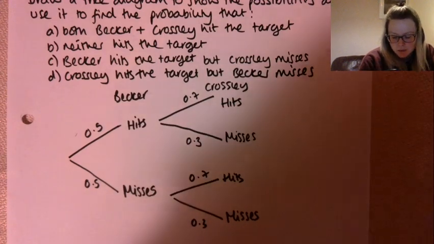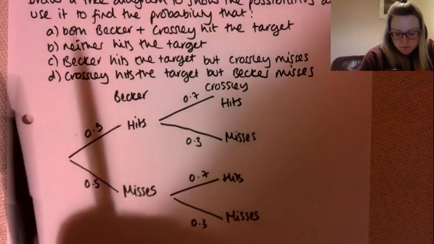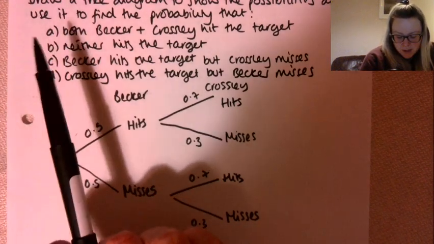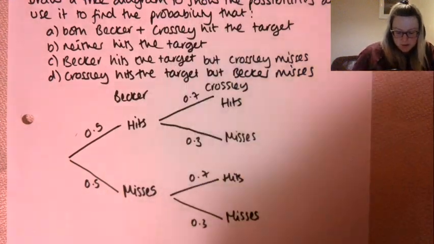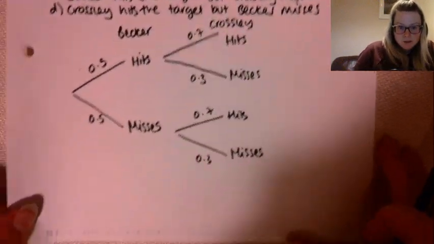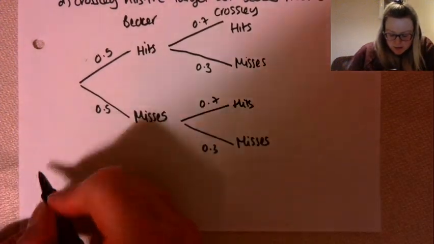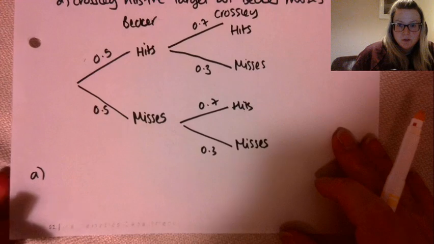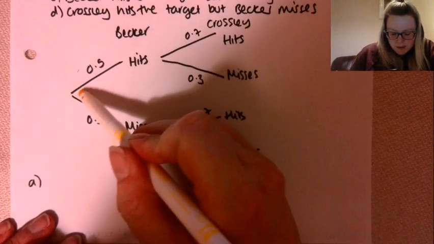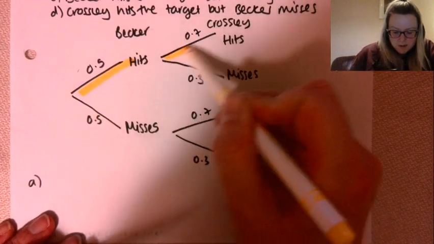So let's look at part A. So we're going to use our tree diagram to find the probability that both Becker and Crossley hit the target. Part A, both Becker and Crossley hitting means this is happening and this is happening.